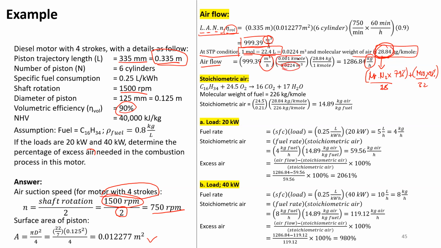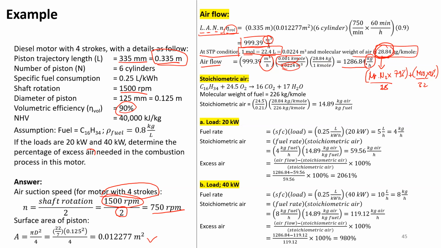And this is the molecular weight, 28.84 kilograms per 1 kilomole. So we will get this as the airflow. So again, go back to the formula. The airflow is already obtained for this case.